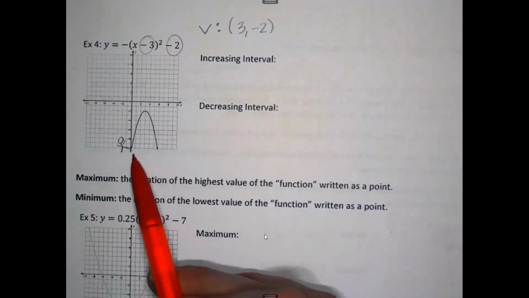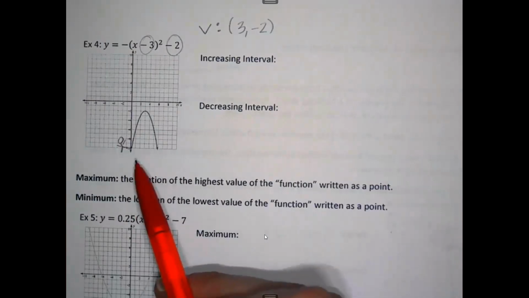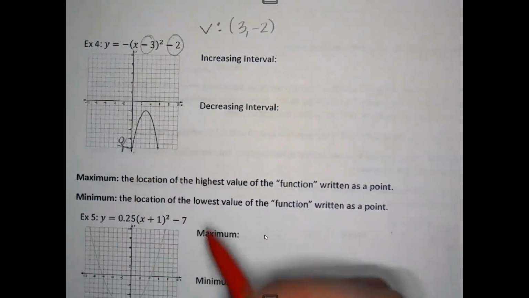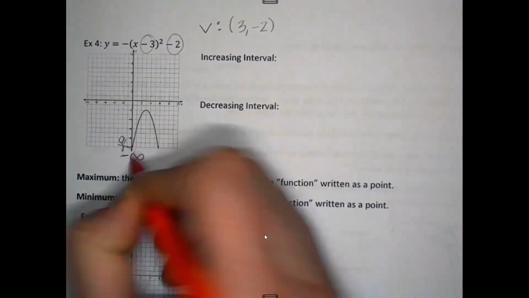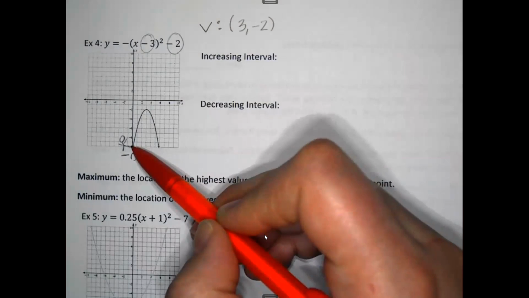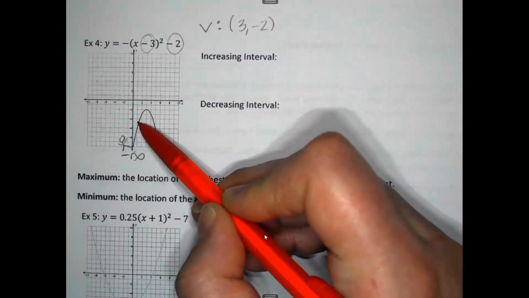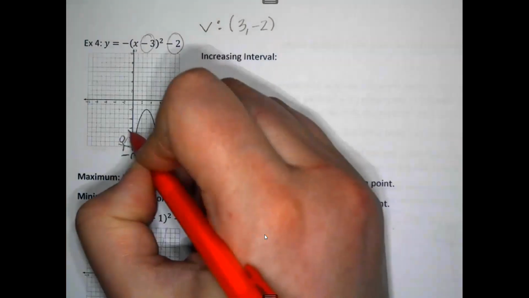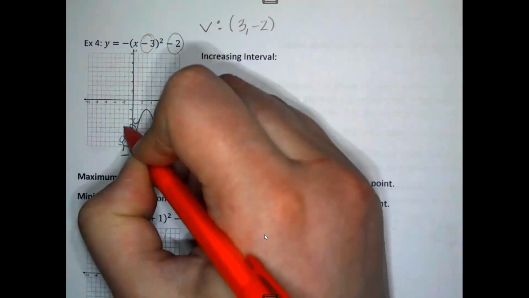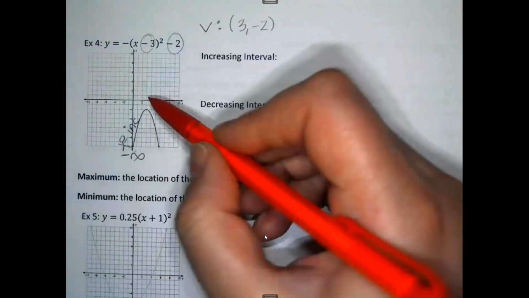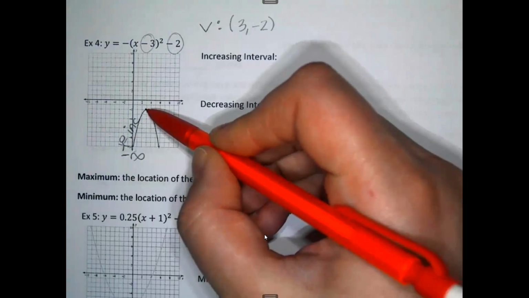So Quentin, ready? All right, what do we have for the number for a left arrow? -infinity. And our stick figure is going to start walking, and which direction is he walking? Uphill. He's walking to the right, he's walking uphill, which means he's increasing, and he increases up to the mountaintop.